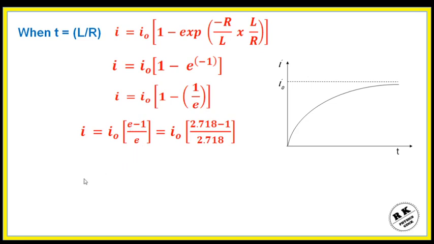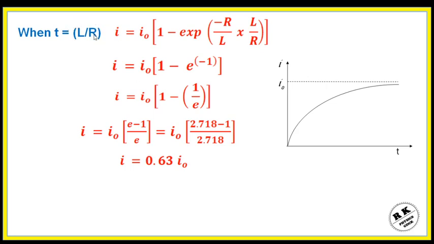So after substituting the value, it can be written as I is equal to 0.63 times I naught. That means at t is equal to L by R, the instantaneous value of current becomes 63% of maximum value.